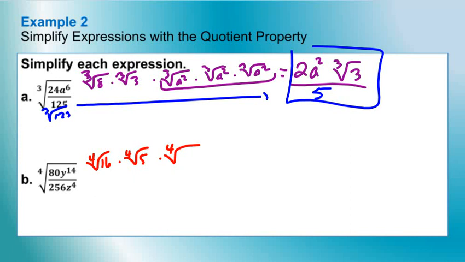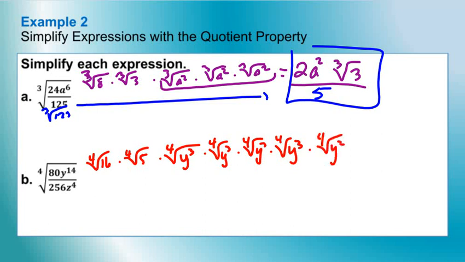So that would give us, it goes in there 3 times, so let's do y cubed, fourth root of y cubed times the fourth root of y cubed, so 3, 6, 9, 12, times the fourth root of y squared, so there's my 14.